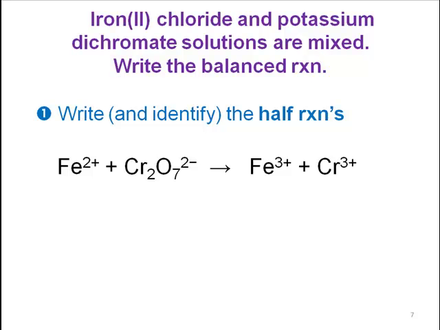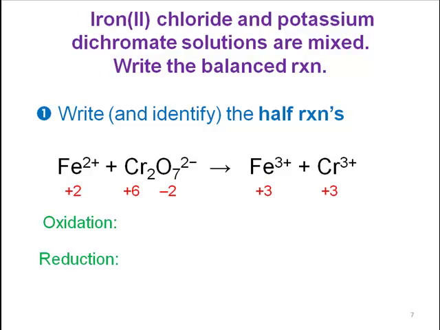So to do this, we have to determine the charge on each of them, and the oxidation number based on their charges. So we've got iron with 2, chromium with +6, iron here +3, and chromium +3 here. So the first step is to identify what is being oxidized and what is being reduced, just like we did yesterday.